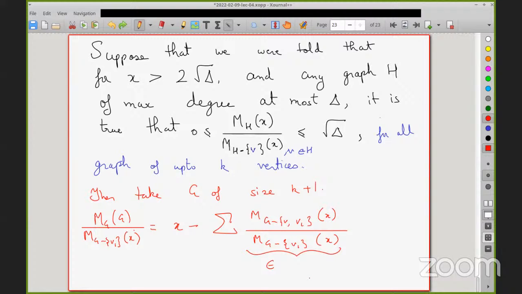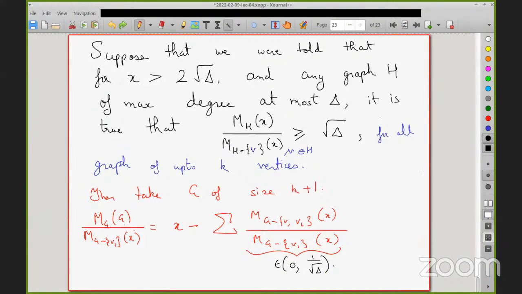I messed up the inequality; I was told that this is greater than or equal. So this is between 0 and 1 over root delta, each of these terms, if I am assuming that this is bigger than that.